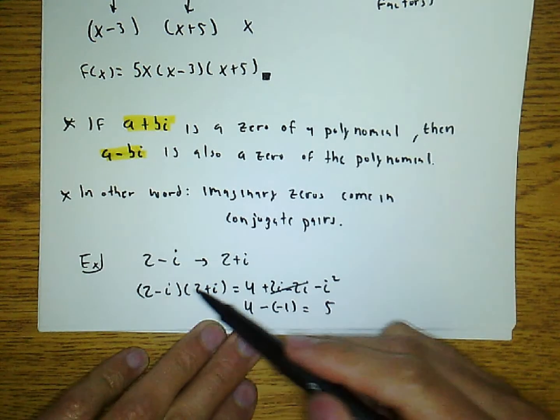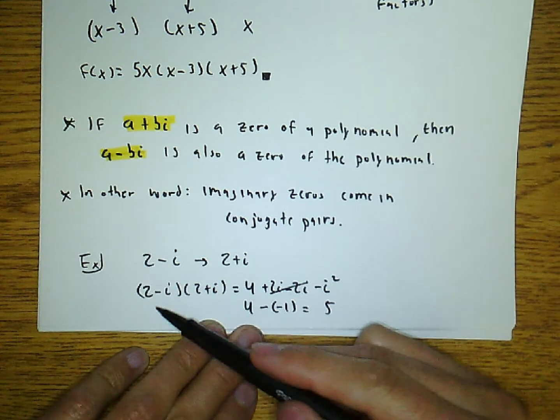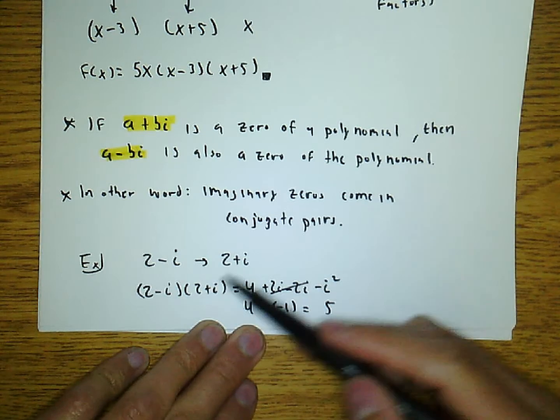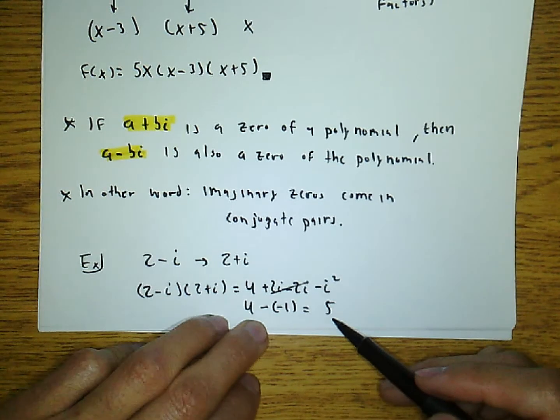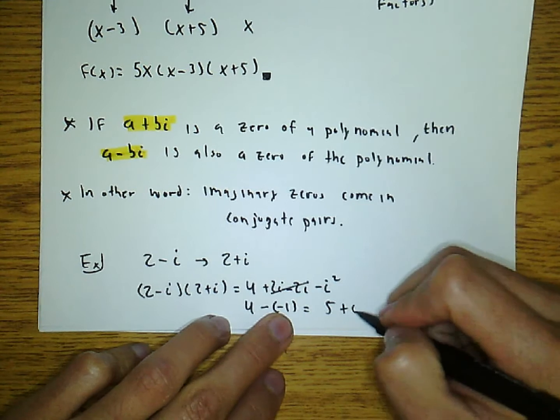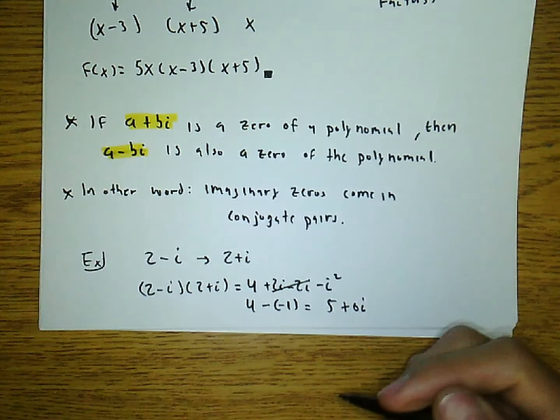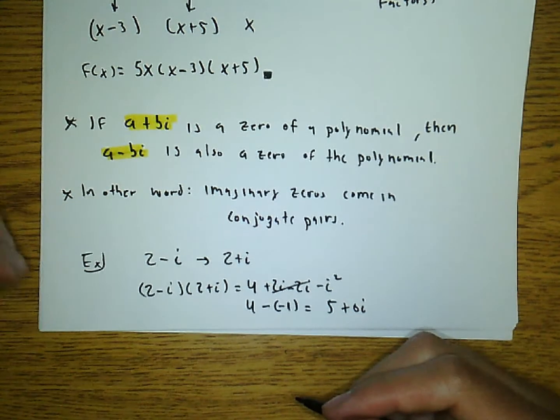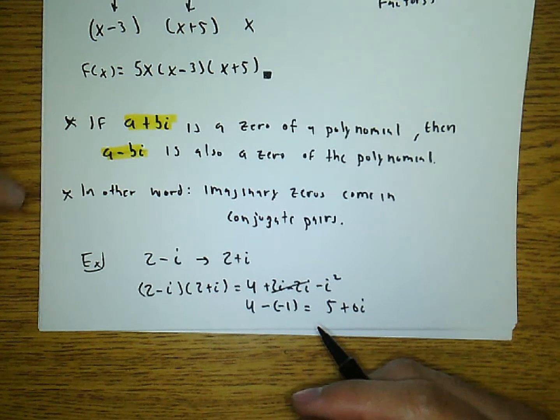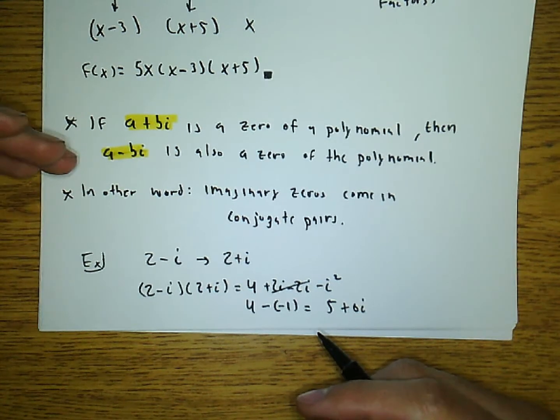Notice that by multiplying these two complex numbers that have an imaginary component, the result yields a real number with no imaginary part, right? So it's like saying 0i. Think this through. When you start any polynomial, you never see an i in the middle of it.